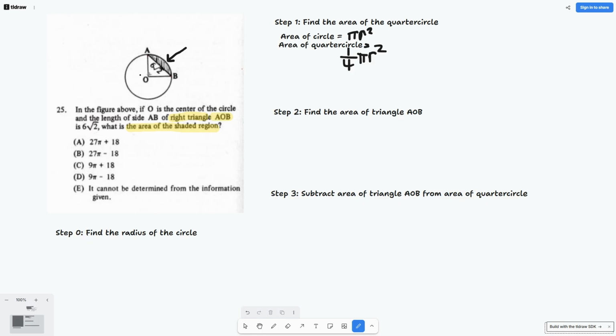So let's say that the radius is r. This is length r, and this is length r. We can use the Pythagorean theorem to relate lengths of these sides to the hypotenuse. I'm going to write down here, use Pythagorean theorem.